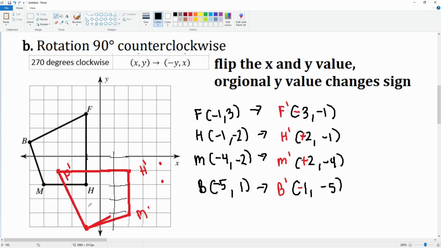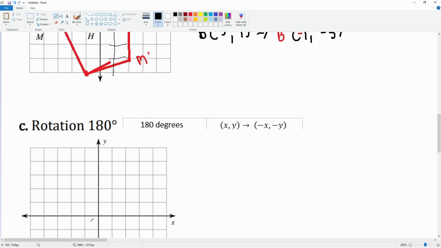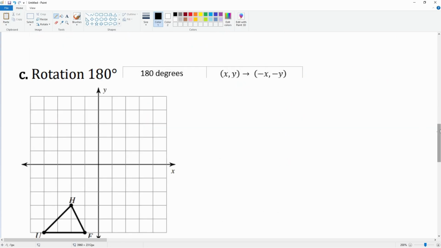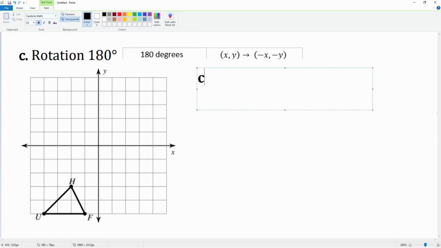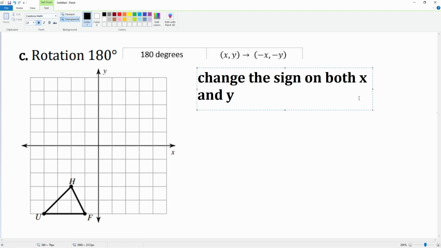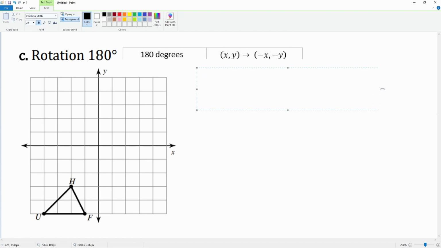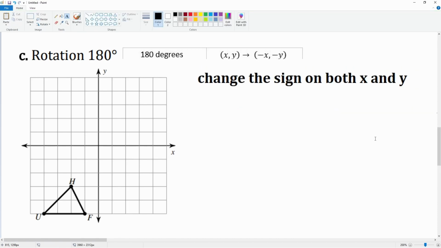All right. Okay. Let's look at C. All right, and here the rule is just, oh, it looks like we just changed the sign on both X and Y. Okay, that is what it looks like we are going to do. Okay. All right. So let's just grab the original points here.